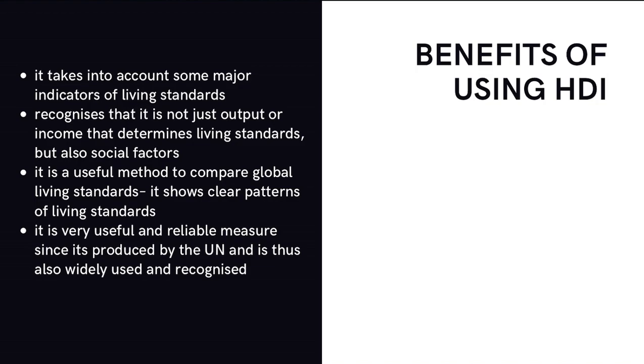It is a useful method to compare the global living standards and it shows a clear pattern of the living standards. It's also a very useful and reliable measure since it's produced by the United Nations, and this increases the guarantee of using the HDI, and it is also widely used and recognized.